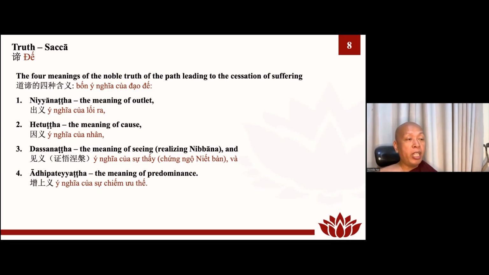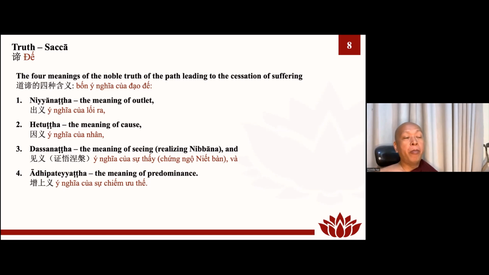Similarly, the Noble Four Paths are the cause for people to be released from suffering. So these two elements are similar, right? Anyway, Niyyanatta means release, Hetu means the cause. We can understand it briefly like this.